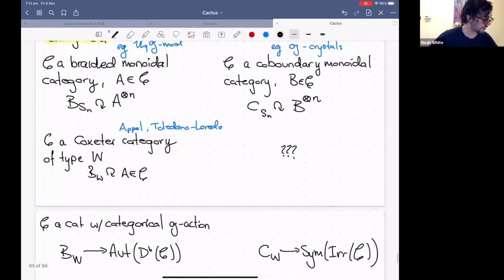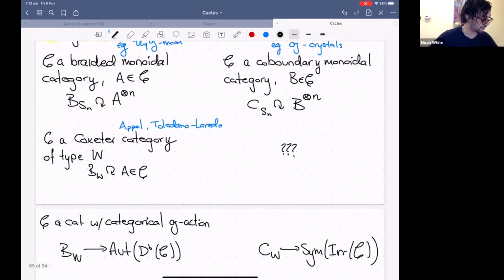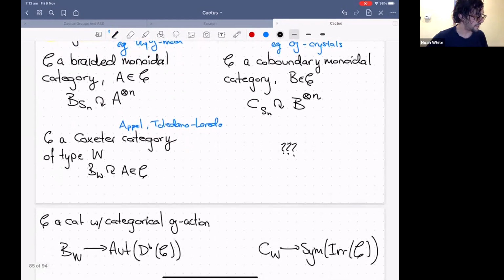And so maybe something a little bit more recent is that if you have a category with a categorical G action, then there's always an action of the braid group, described by Chuang and Rouquier originally, and so there's a similar picture.